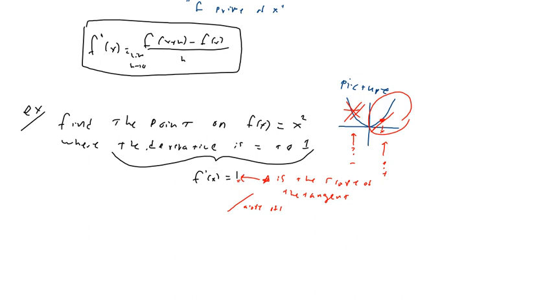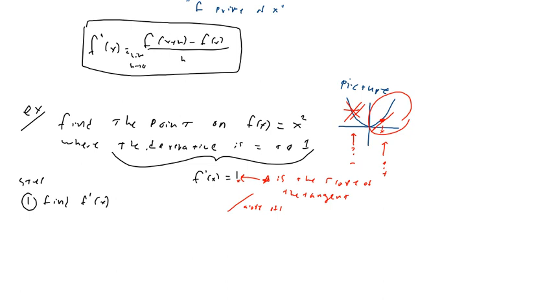So what we need to do to find this x value is, the first thing we need to do is take the derivative. Step 1: find f prime of x. I need to know the slope formula, the derivative equation.